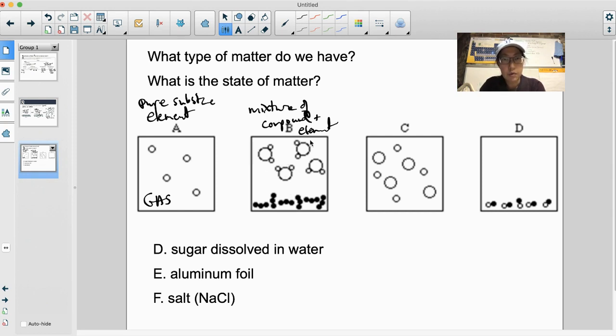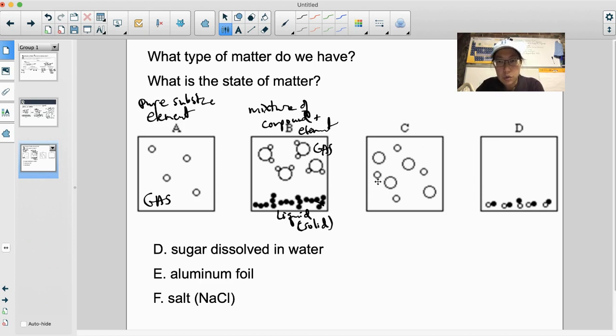These are floating around on top. I would say these are gas, and these are kind of on the bottom, but they don't look quite organized. They look like they might be jiggling a bit. I would say these are liquid, but if you said they were solid, I would accept that too. It's a little hard to tell.